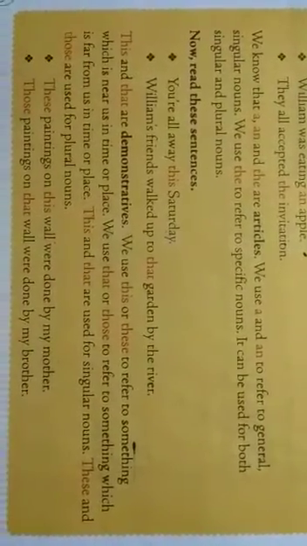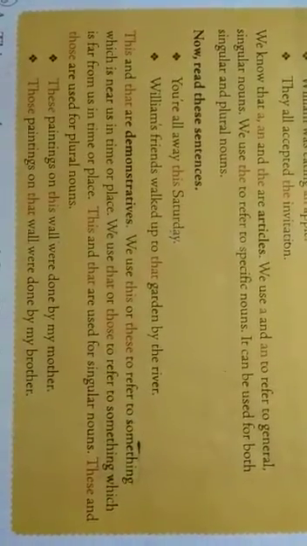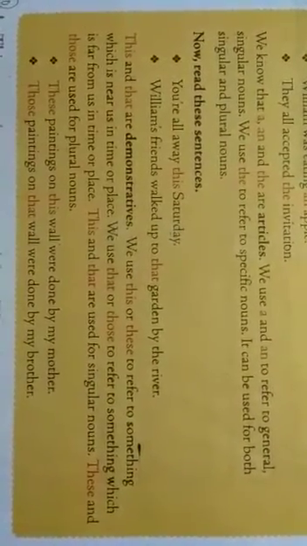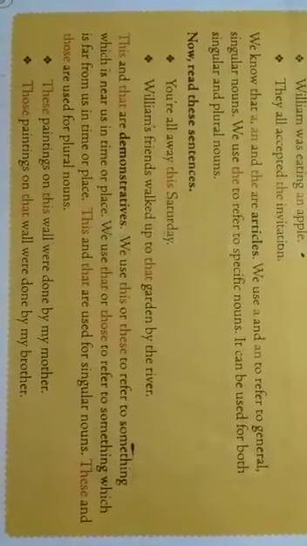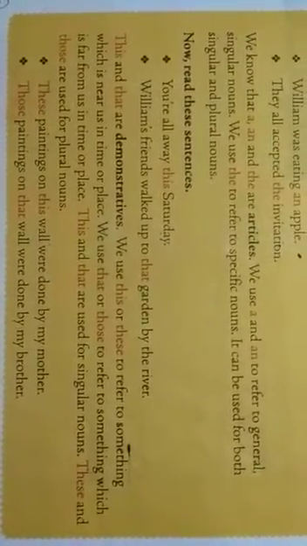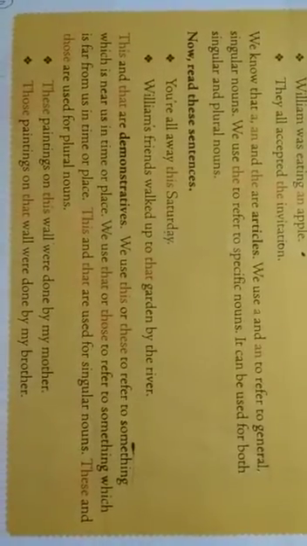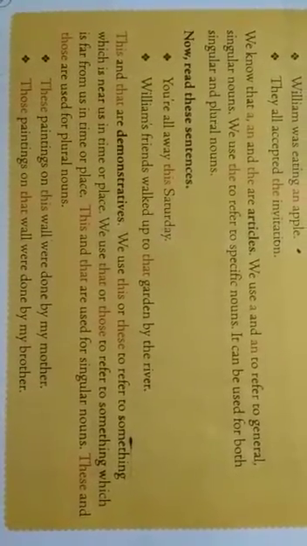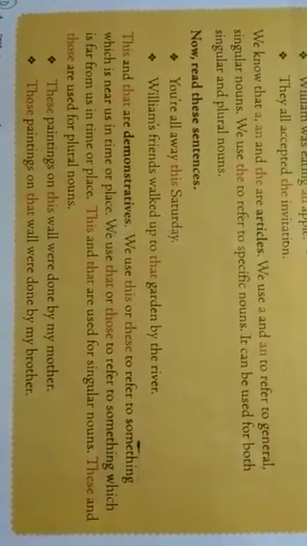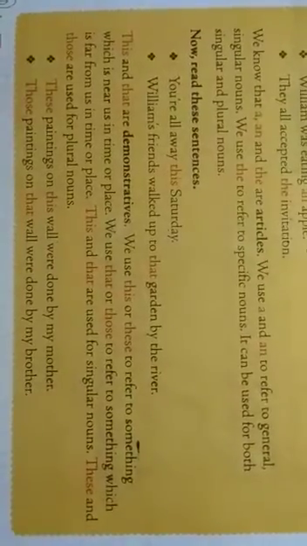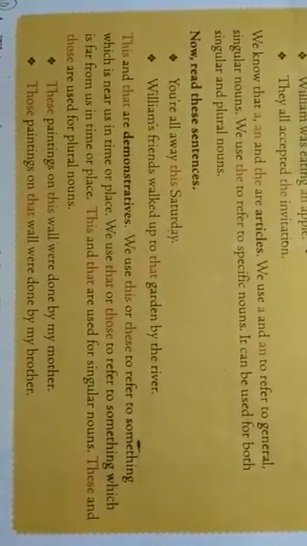Those paintings means more than one which is far. Those paintings on that wall means the wall opposite to you or far from you. Mother did these paintings; those paintings were done by my brother.